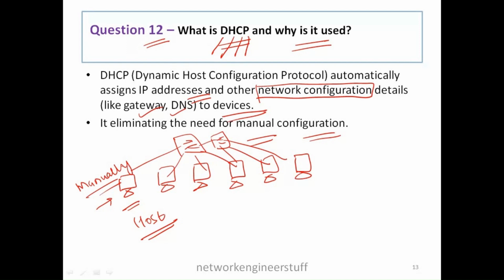So to eliminate this need of manual configuration, DHCP came into picture. So what DHCP does is, there's basically a DHCP server in this network. Let's say this is our network. So we have, let's say, a DHCP server. Now we can have one DHCP server, or we can have multiple DHCP servers in our network, depending upon the need of the network or how big or how critical the network is.